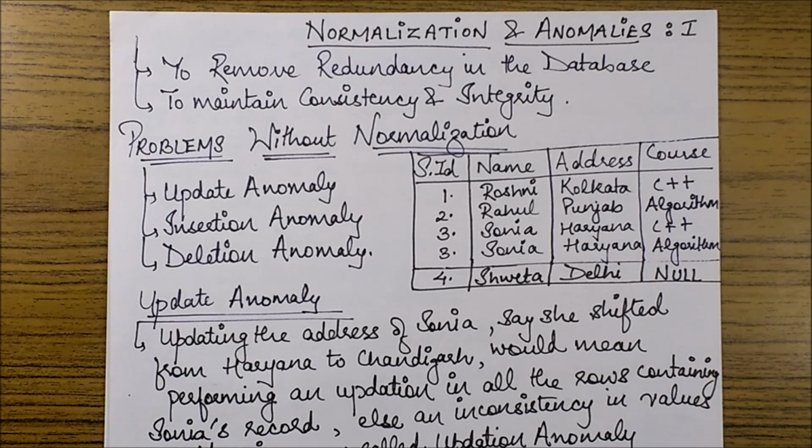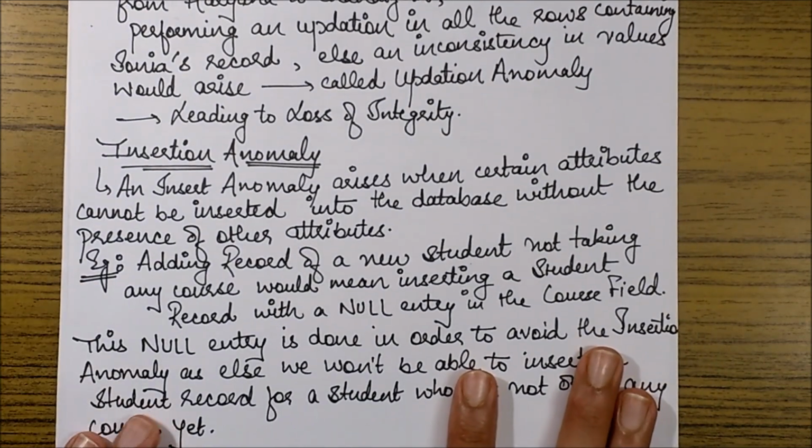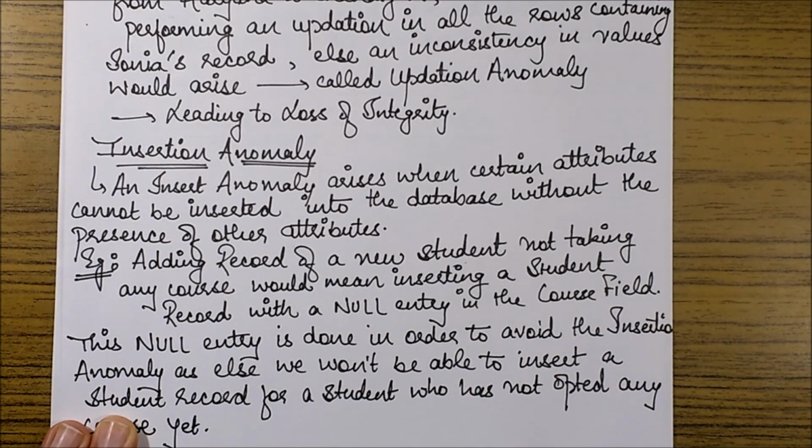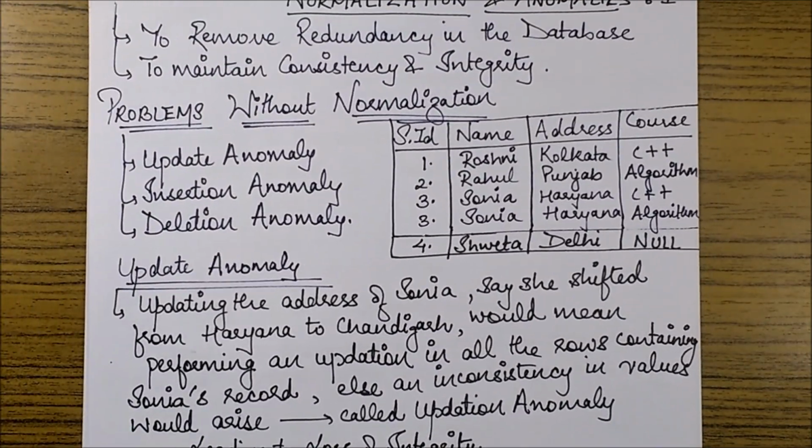Now what is an insertion anomaly? An insert anomaly arises when certain attributes cannot be inserted into the database without the presence of other attributes. For example, I want to insert the record of a new student who hasn't opted for any course as of now. I just need to insert the student name and the student's address. This was the example where I wrote the fourth record.